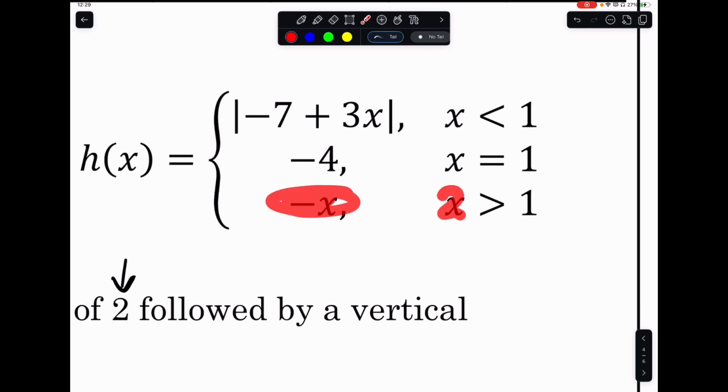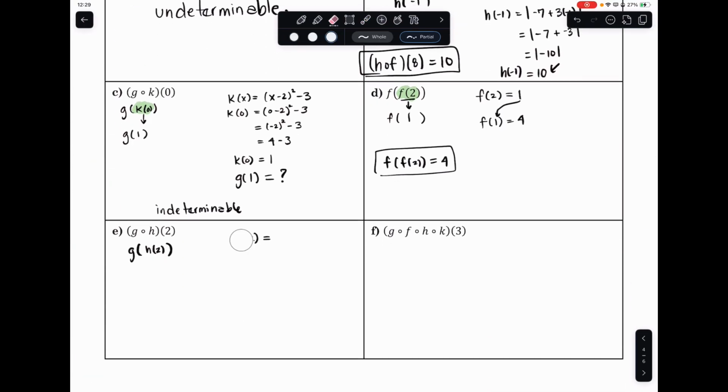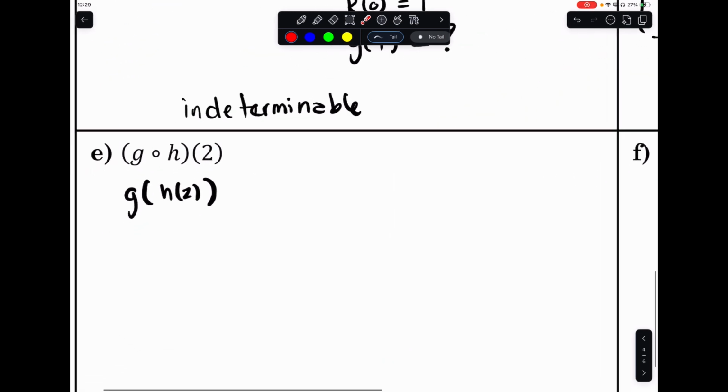Since the number 2 is bigger than 1, we have to use the third piece. So we have to figure out what h of 2 is, where h of x is going to equal this piece right there. So let's write that first. We're going to write h of x is going to equal negative x.